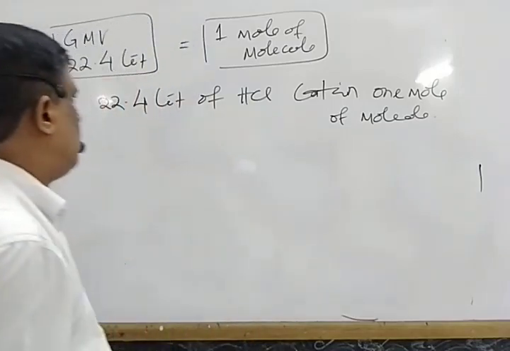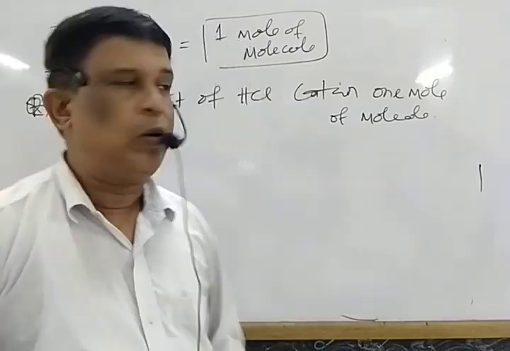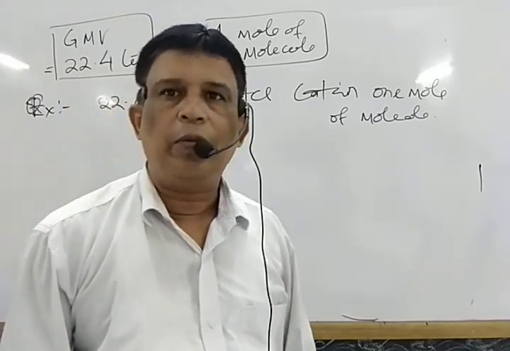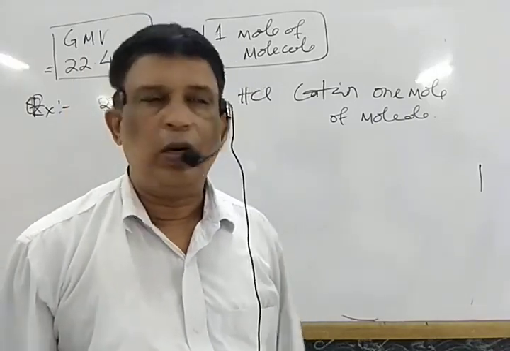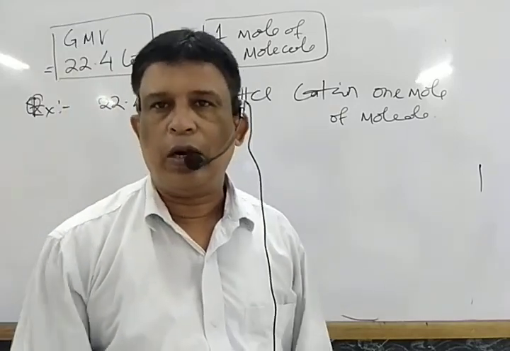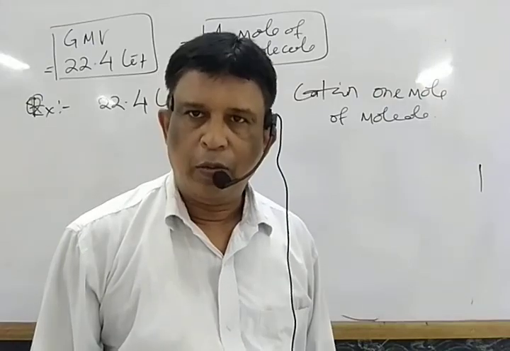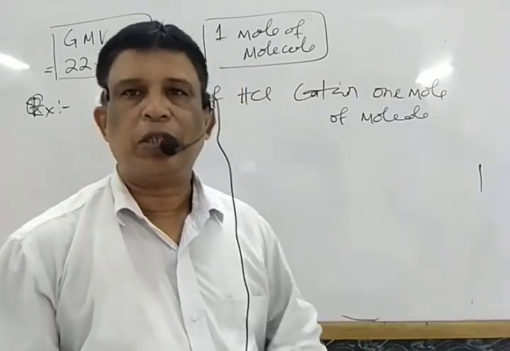Mark that. 22.4 liter of HCl contains 1 mole of molecules. 22.4 liter of NH3 contains 1 mole of molecules. 22.4 liter of CO2 contains 1 mole of molecules. So next we deduce the formula. Formula is over.